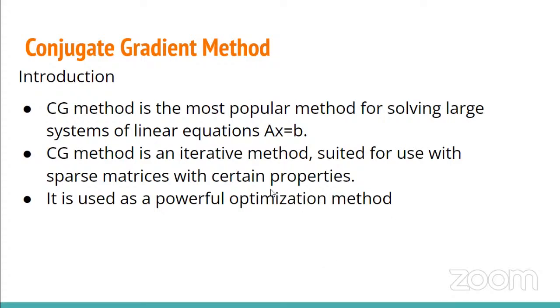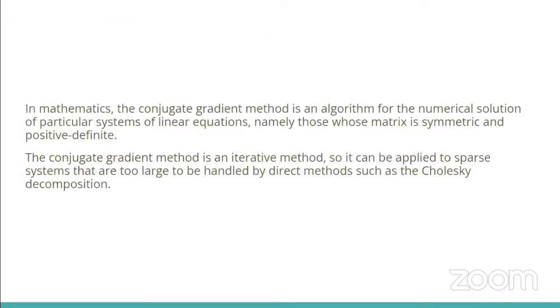This one is more of an iterative method where you keep repeating steps until you have convergence. So it's a powerful optimization method. In mathematics, the conjugate gradient method is an algorithm for numerical solutions of particular systems of linear equations whose matrix is symmetric and positive definite.